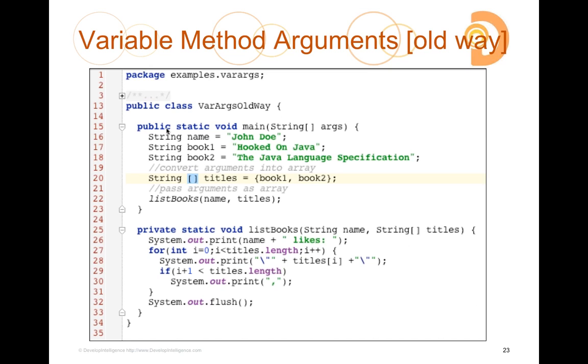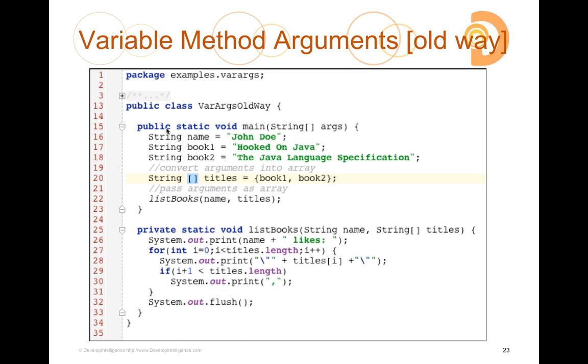Then, like on line 20, I would create an array with the values that I want to pass in, and then I could do the processing of that variable argument, for example, like on line 27.